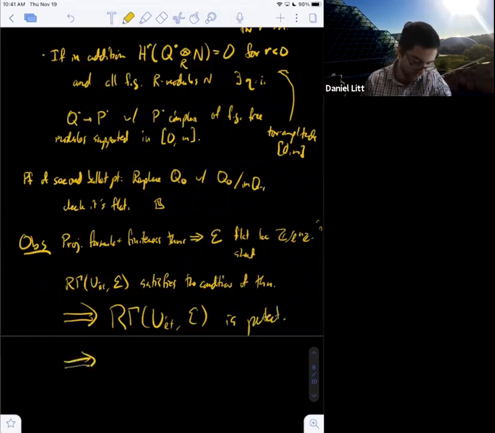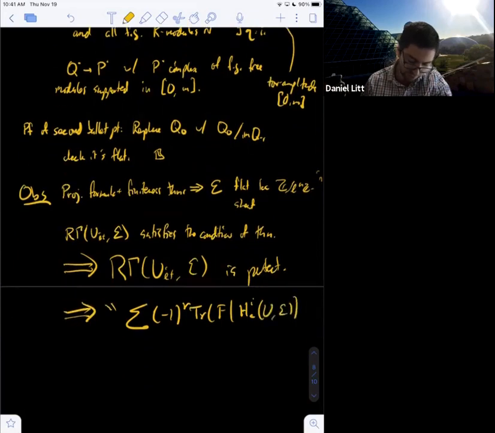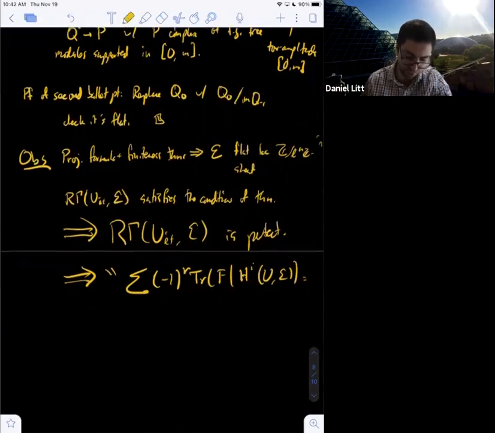So, okay, and then the corollary of this is that this expression, the sum of (-1)^r times the trace of Frobenius on H^r_c of U E. Well, we can reinterpret this using Poincaré duality or Verdier duality, but let me just erase this compactly supported to avoid stating that.